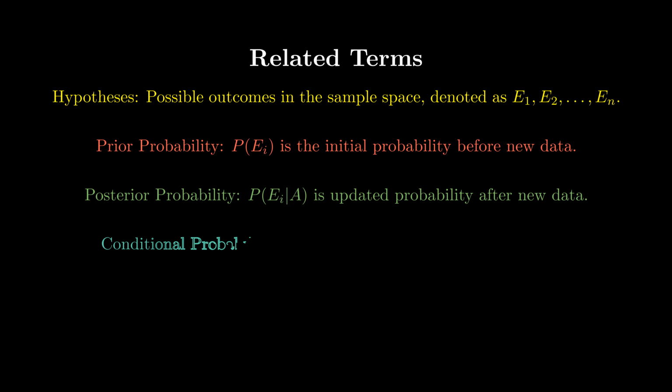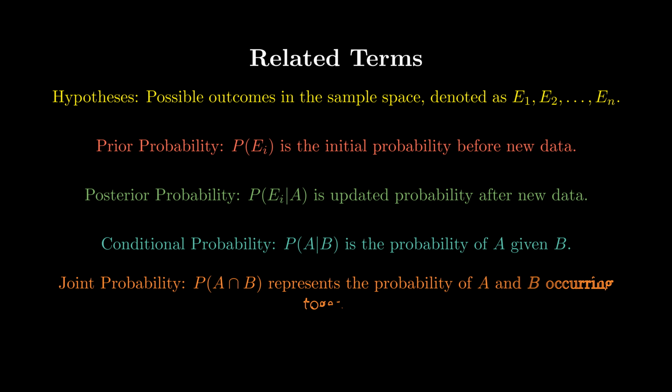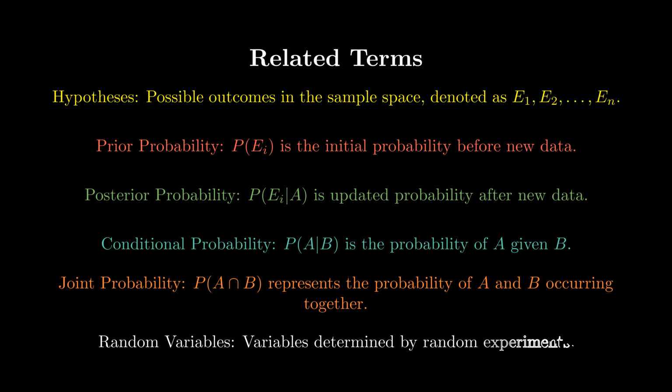Conditional probability, P of A given B, is the probability of A given B. Joint probability, P of A and B, represents the probability of A and B occurring together. Random variables, variables determined by random experiments.